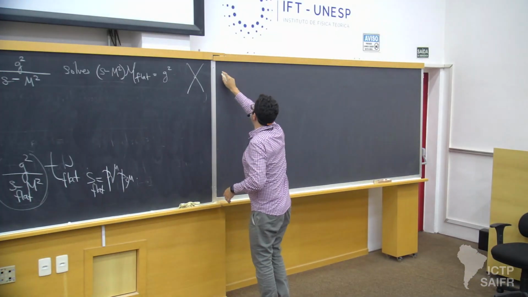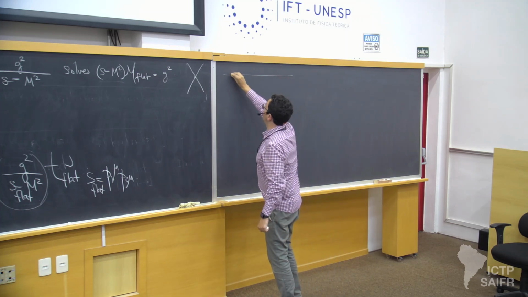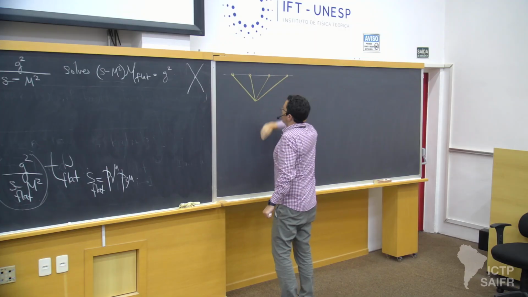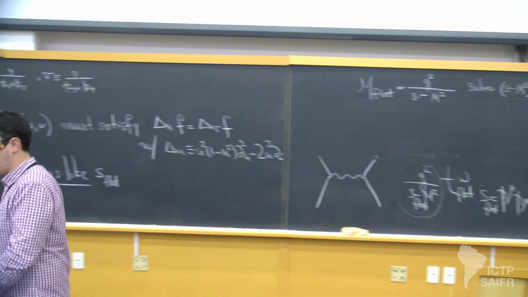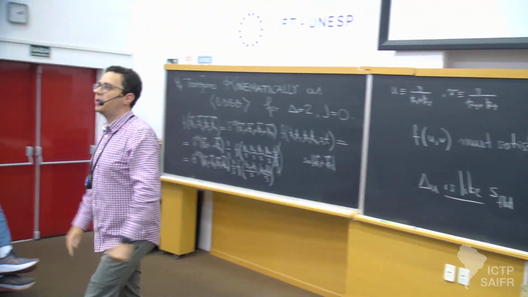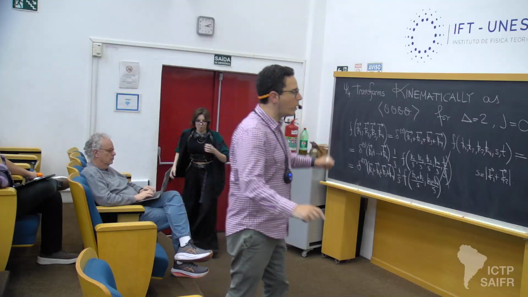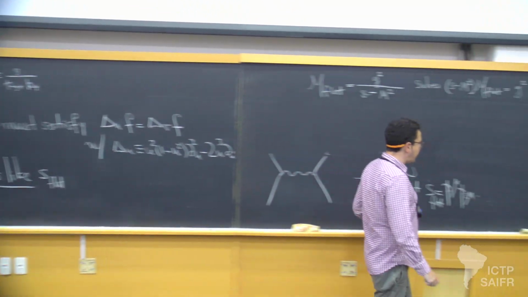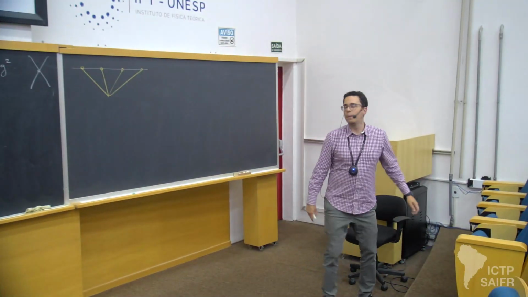Let's start with the simplest possible example, which is lambda phi to the 4. These are conformally coupled scalars with a conformally invariant interaction. Everything's conformal: lambda phi to the 4, m squared phi squared with the right value of the mass. So why isn't it exactly the flat amplitude? Why isn't the answer delta 4 times lambda?